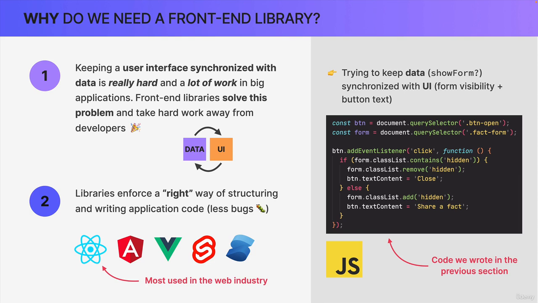And if you're wondering why I'm talking about bugs here, it's just because in software development, a bug means an error in the code, so something not working correctly. And again, using something like React is a big help in avoiding situations like that.